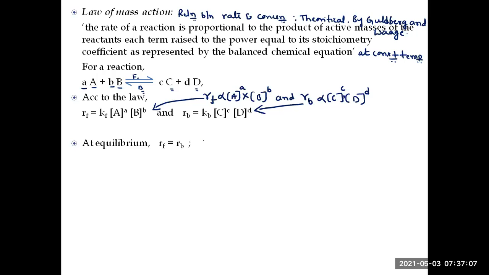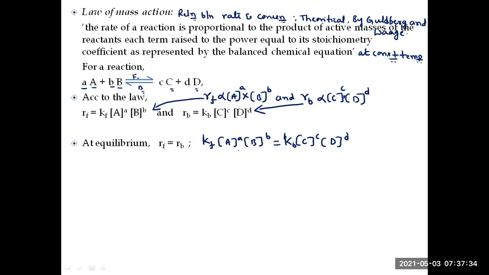So I can always write Kf into [A]^a [B]^b is equal to Kb into [C]^c [D]^d. These are small case, the rate constants are small case.